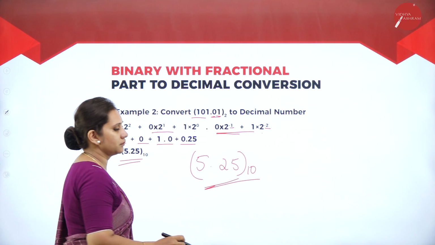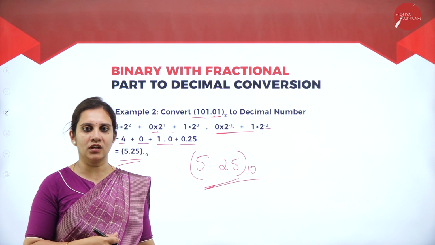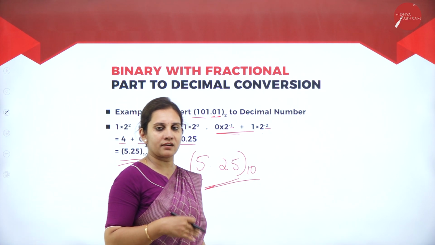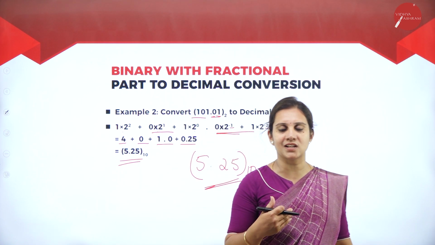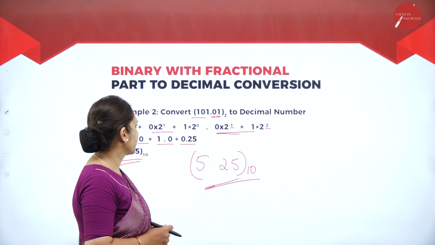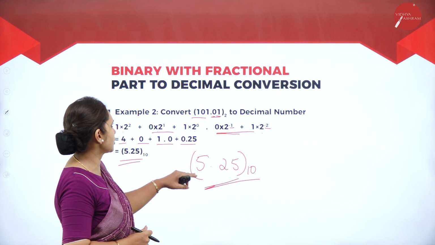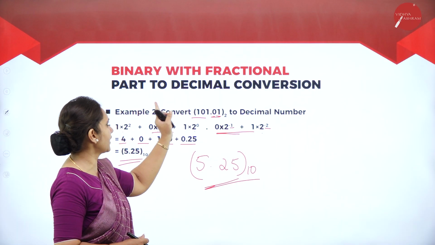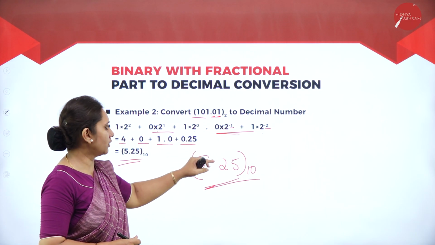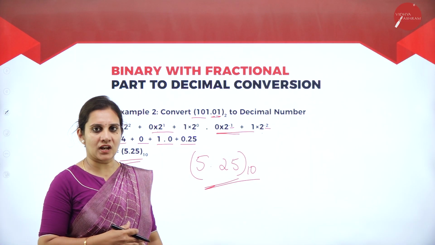That is the decimal from binary. This is how we need to do the positional values and rising up powers of the base value. So this is the decimal number we got from the binary fractional part to decimal conversion, that is 5.25 to the base 10.